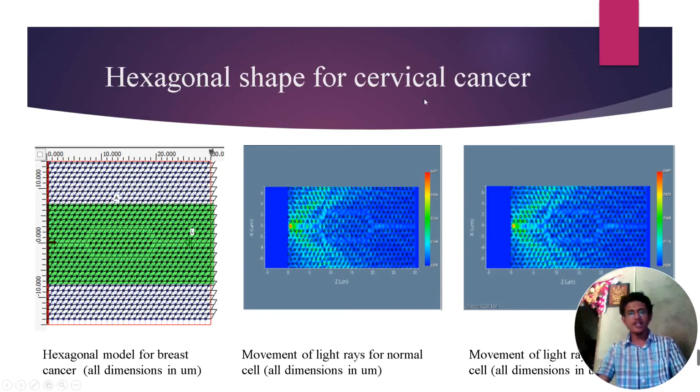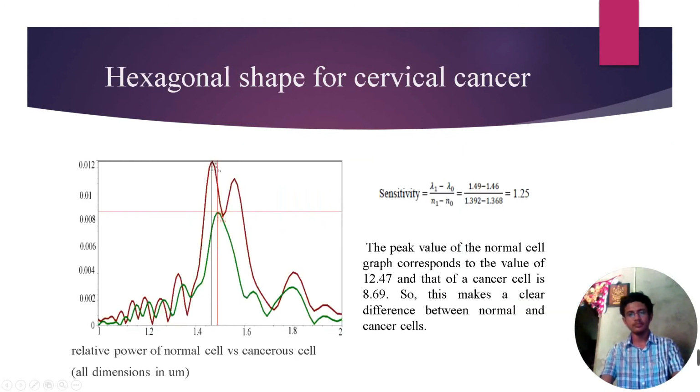In the same way, we did it for cervical cancer. This is the hexagonal model for the cervical cancer, and here we use the refractive index of the cervical cancerous cells and the normal cell. This is the result of the movement of the light rays for the normal cell, and this is for the cancerous cell of the cervical cancer.